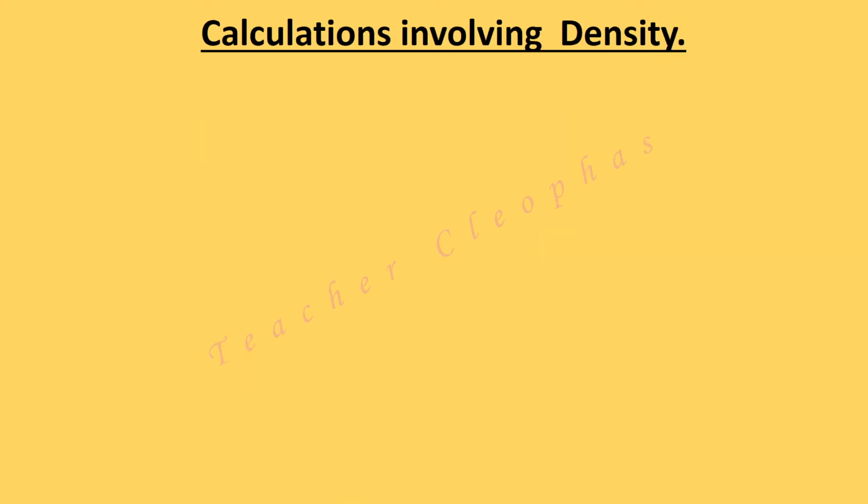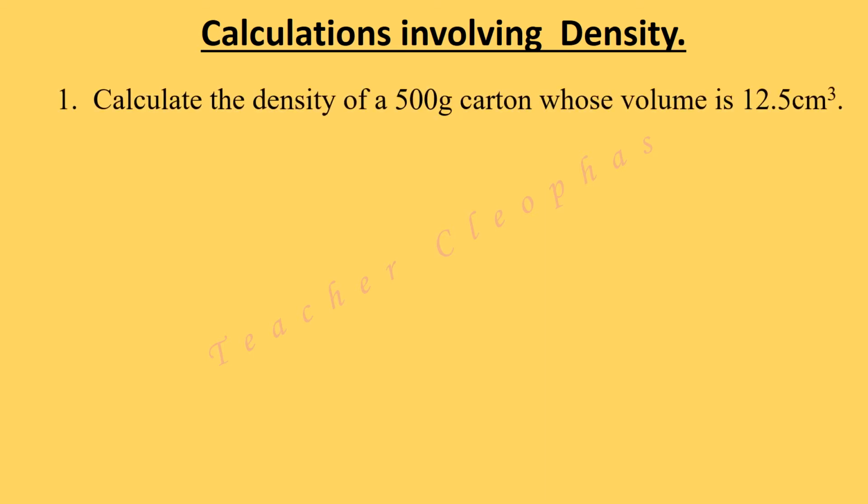Calculations involving density. First question, calculate the density of a 500 grams carton whose volume is 12.5 cubic centimeters. Solution: first of all, we are going to write what we know, and that is density equals mass over volume. We already have our mass, which is 500, and our volume is 12.5.